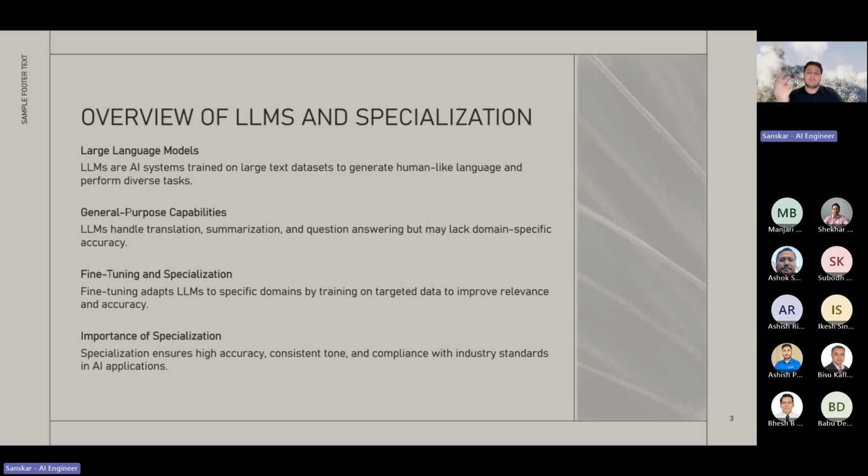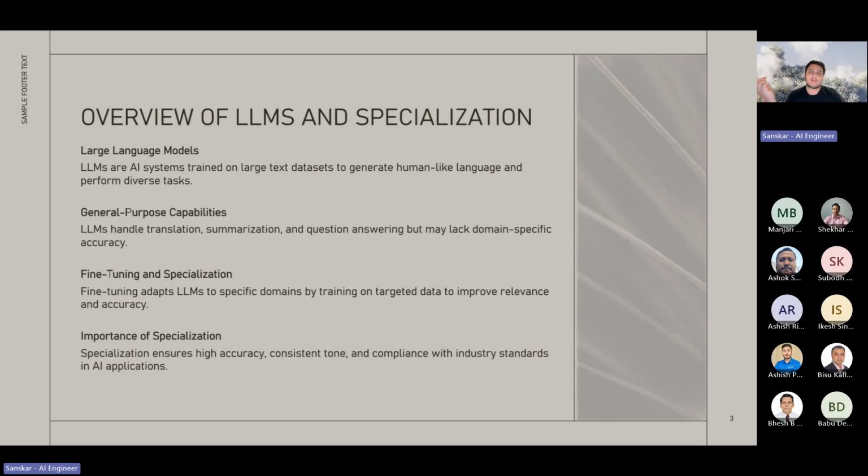Okay, so when we were fine tuning that model earlier about stock tool calling, we were training that model on tool calling for stock data, right? Very domain specific. And that's the whole point of fine tuning, to give that domain specific knowledge to an LLM. And fine tuning also increases accuracy, the tone of what you want the answers to result in, and compliance, right?